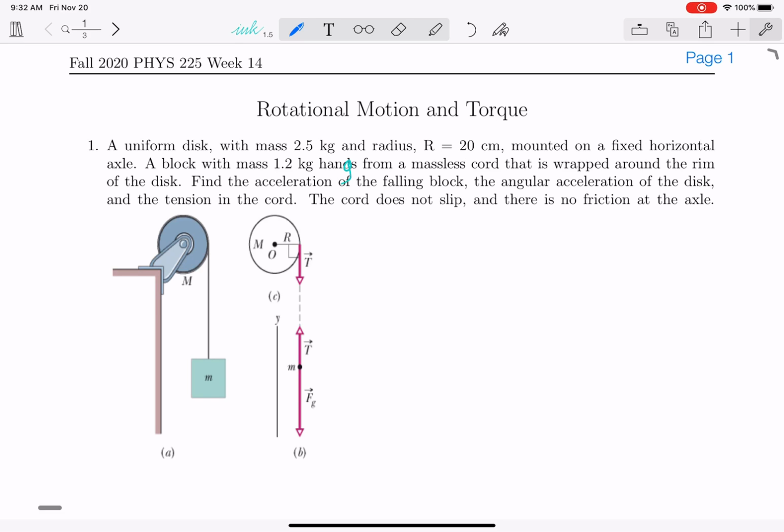Okay, so the cord does not slip, so you have to include the rotational inertia in this case, and we are talking about the friction in an axle itself. Okay, what's given?